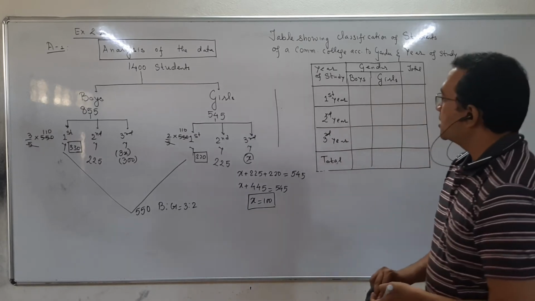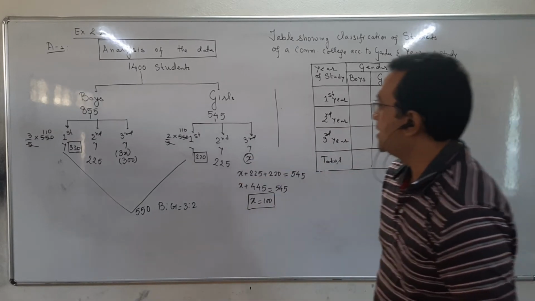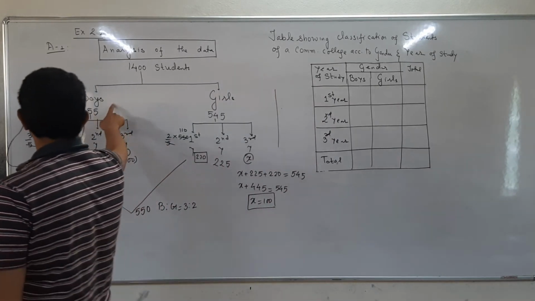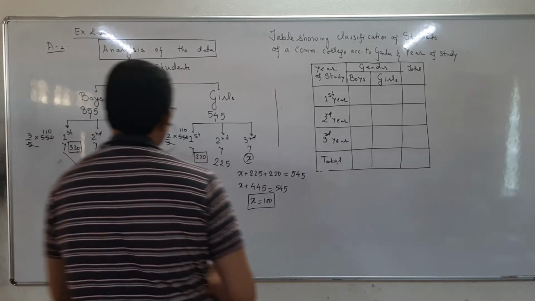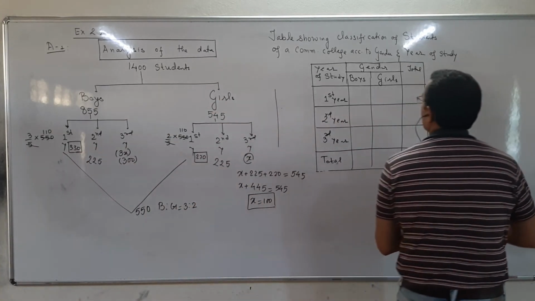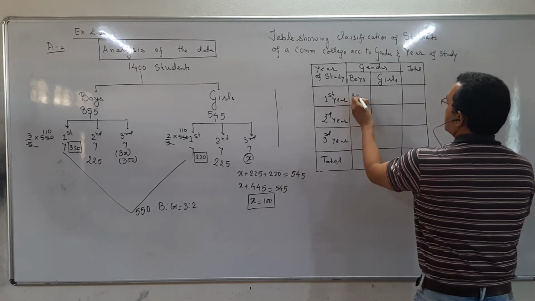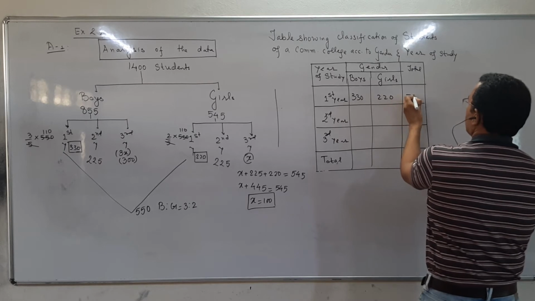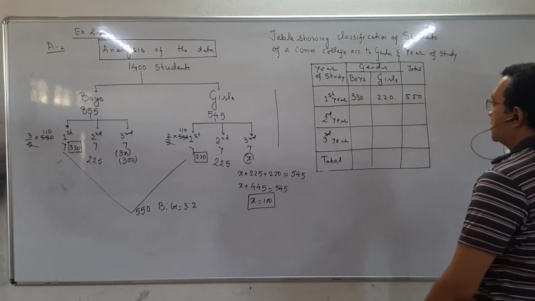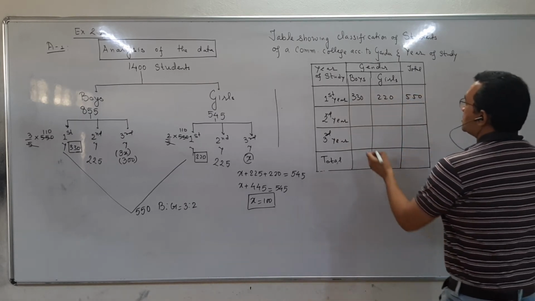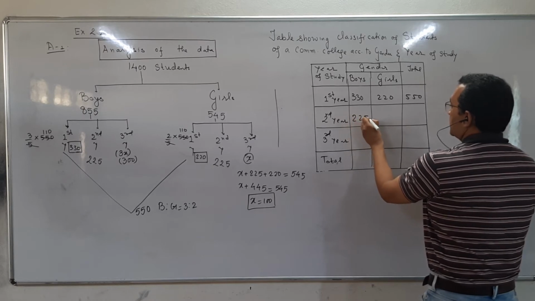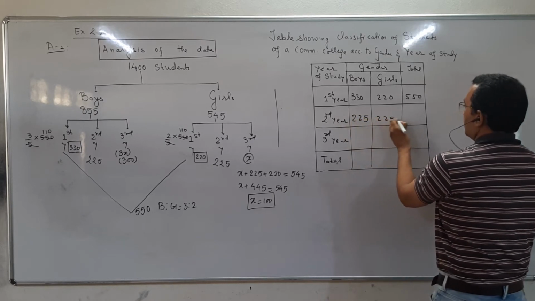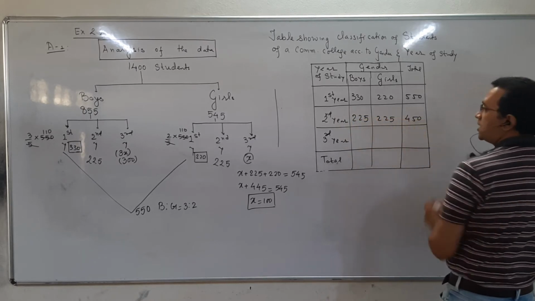So in the first year, how many boys were there? Boys in first year 330, girls were 220. So boys are 330, girls were 220, total is 550. In second year, boys and girls were equal, 225, 225, so 450.